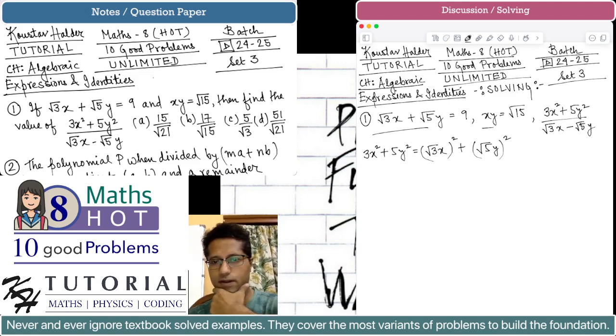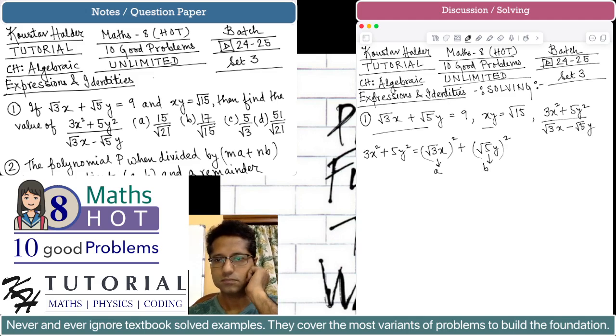So we are having a kind of a square plus b square. If you consider this as a and this as b, we have to find the value of a square plus b square where a plus b is given.